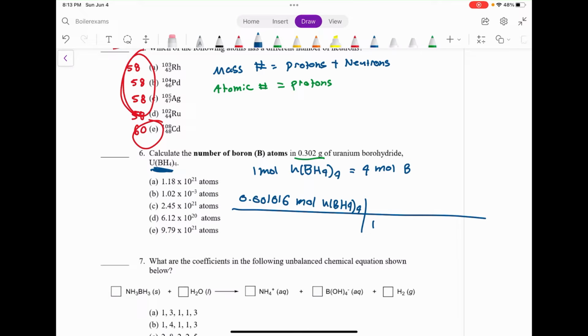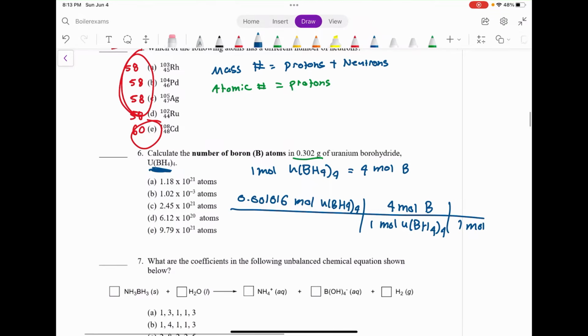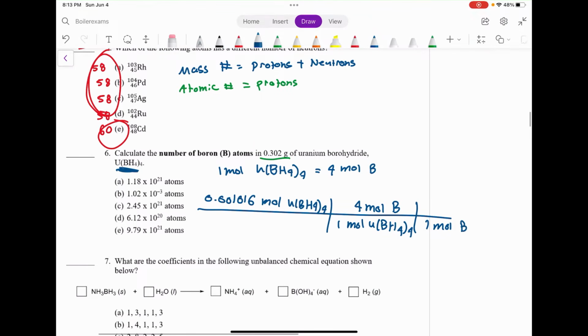And in 1 mole of uranium borohydride, you have 4 moles of boron atoms. And in 1 mole of boron atoms, you have Avogadro's number worth of atoms.